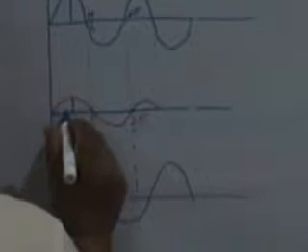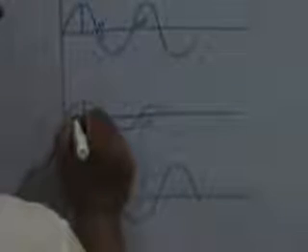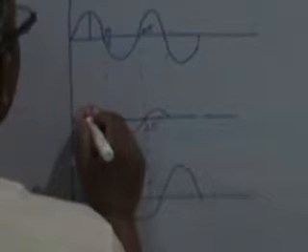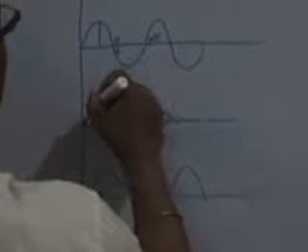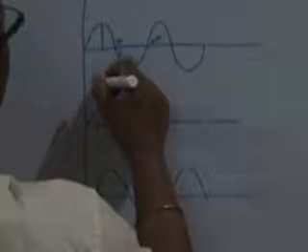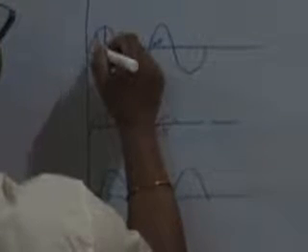In this case, here. So when it is 0, this is not at 0. This is at a certain height, and the other curve is the same.